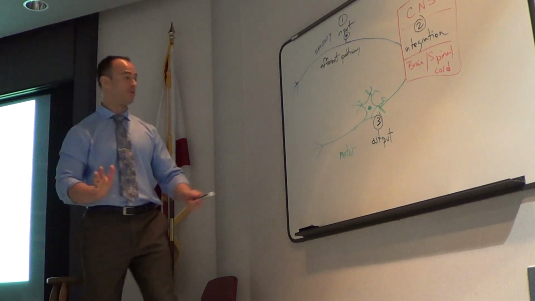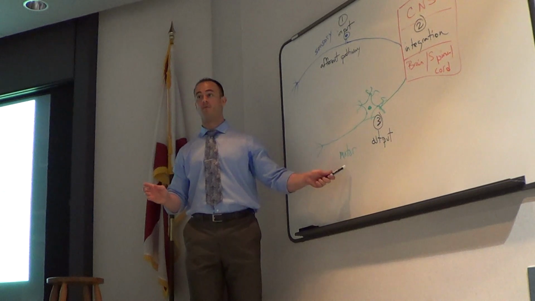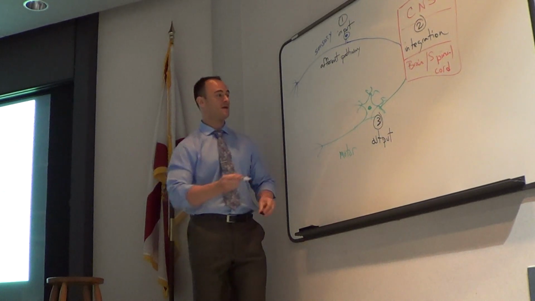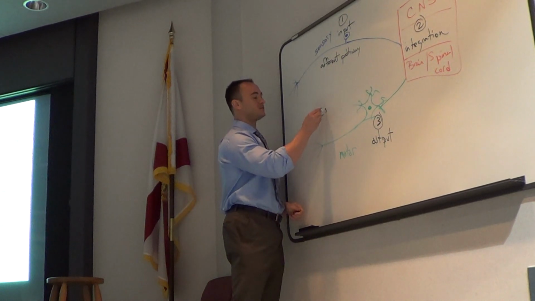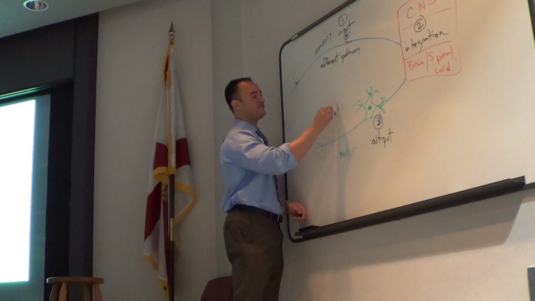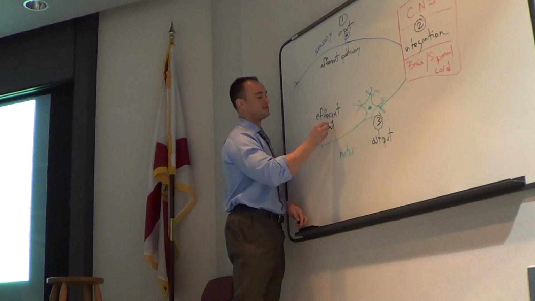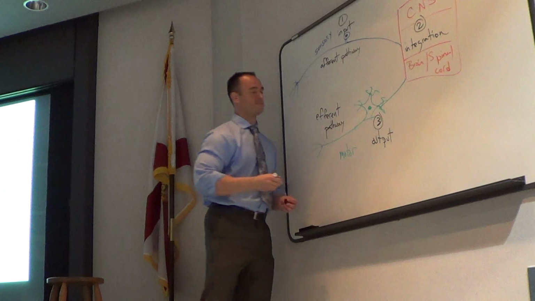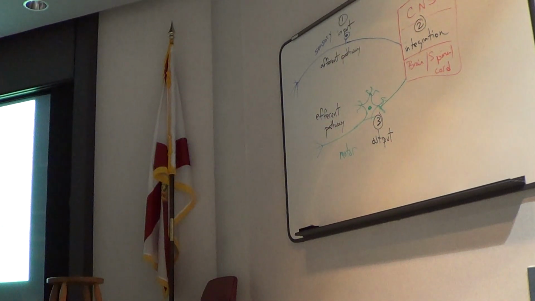Now, outputs are always going to be motor information, and they travel along this word, efferent pathways. So efferent means what? Not towards, but away. Away from what? The CNS, right? There you go.